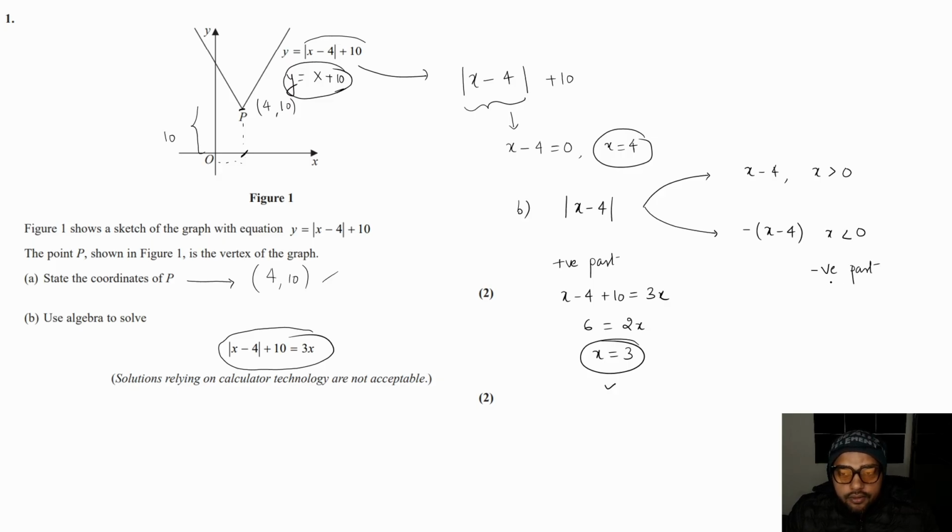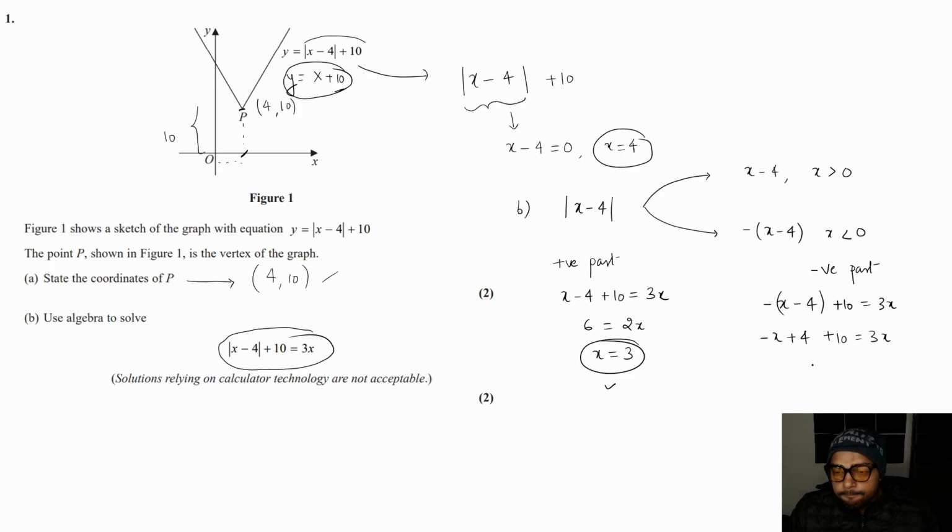Now in the negative part, we will substitute x negative 4 with negative of the bracket x negative 4. So it will be negative of x negative 4 in brackets, plus 10 equals 3x. So we'll get negative x plus 4 plus 10 equals 3x.